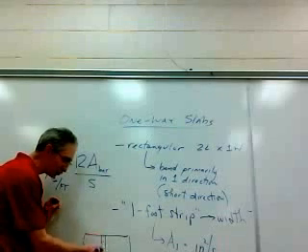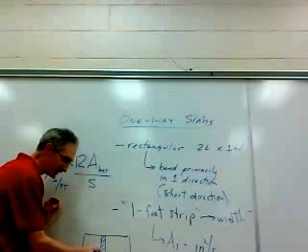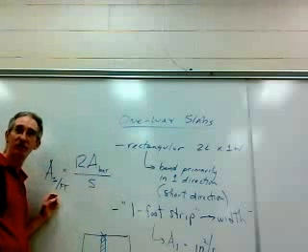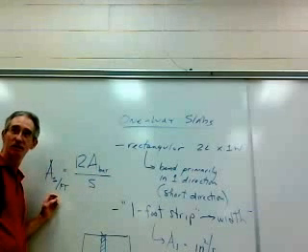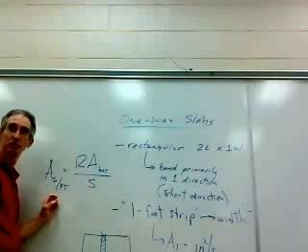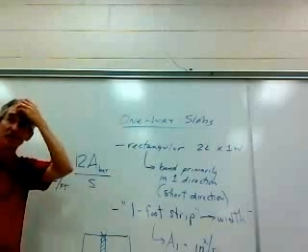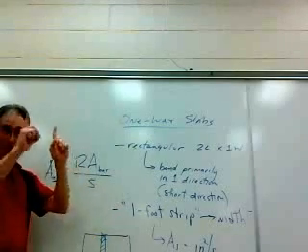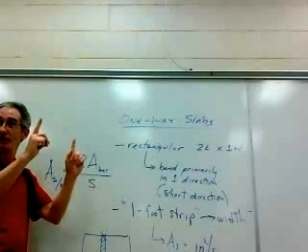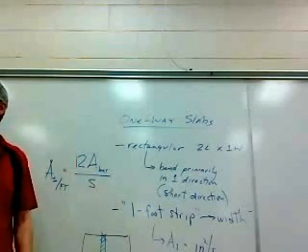I'm looking at a strip that runs this way, so I'm acting like it's supported there and it's supported there. It'd be like a beam that's supported here and here, and you've got a beam running between. That slab is essentially a beam.